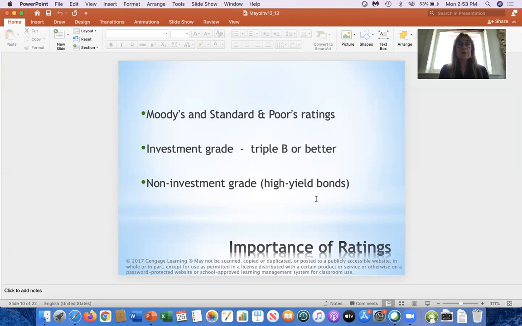Sometimes really, really large companies can have their bonds downgraded. For example, Ford has had their bonds downgraded twice to basically high yield status, and then they've come back again. But if they fall on hard times or the profits are down, the time before last when Ford was downgraded, it was because gas was really high.